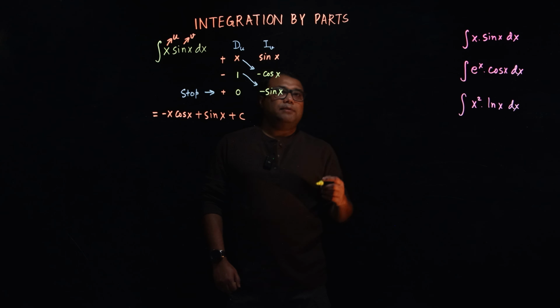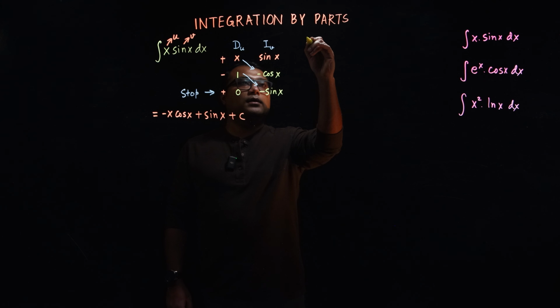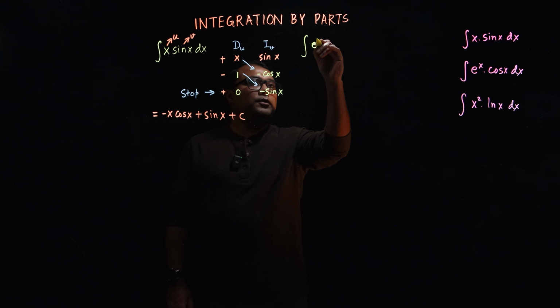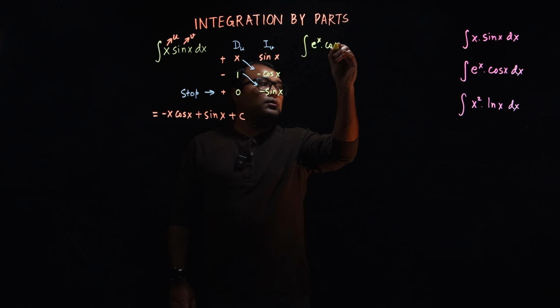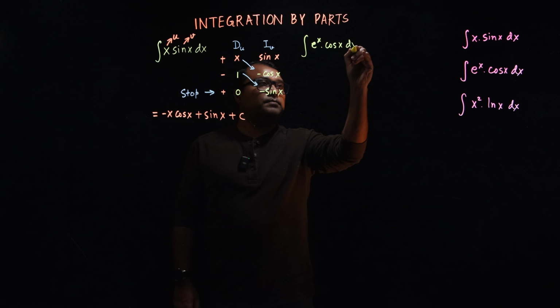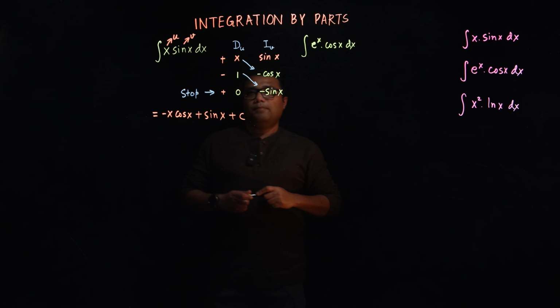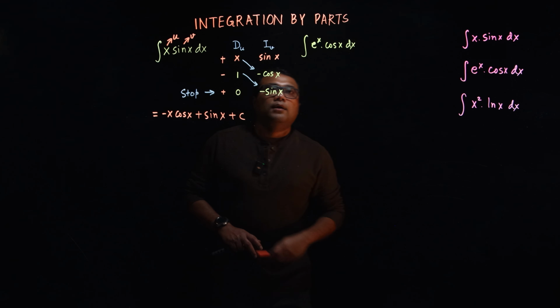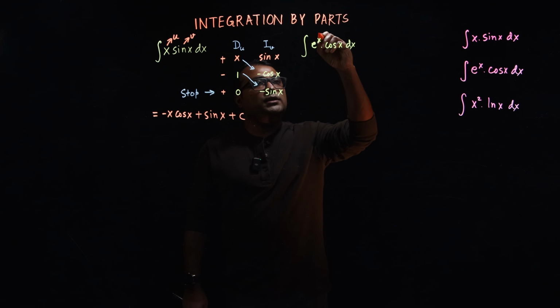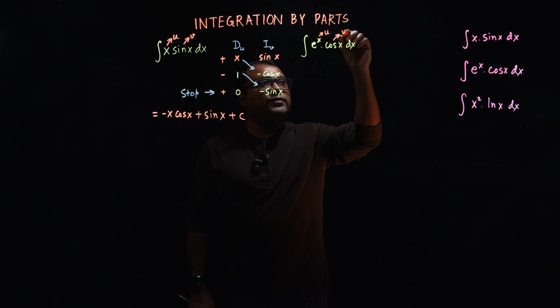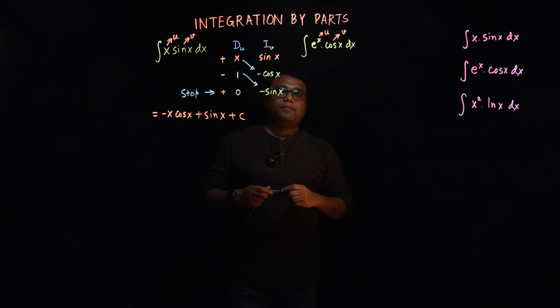Now, let us look at example number 2. E to the power x cos x dx. Okay. Let us choose e to the power x as my u function and cos x as my v function. Okay.